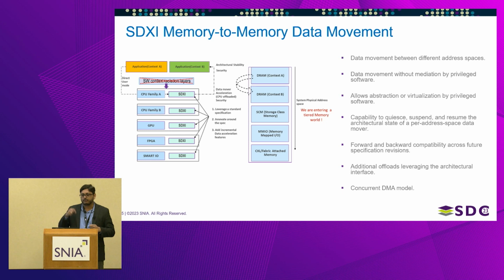Also allowing you to directly program this accelerator interface from user mode. While we're doing this, we're making sure that we're not just trying to do this for, say, a DRAM memory target. It could be something for persistent memory, or memory behind I/O devices, or maybe fabric-extended memory like CXL.